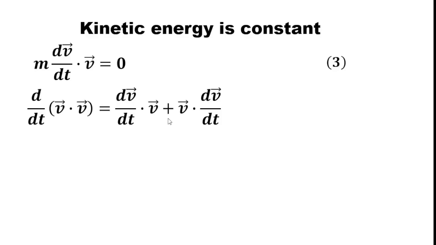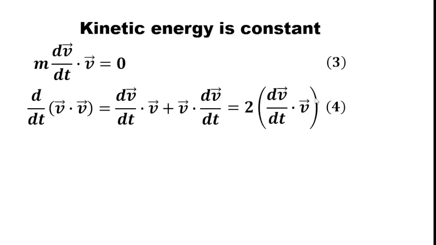We also know that the scalar product does not depend on the order of the vectors. Therefore, these two terms are both equal, so their sum is equal to 2 times the time derivative of v dot v.